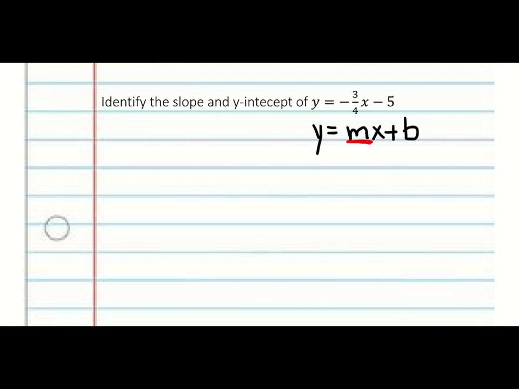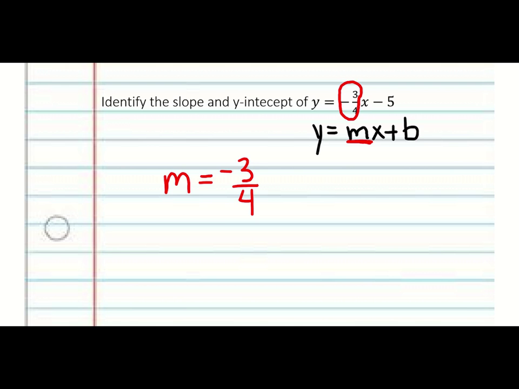And that's what's immediately in front of x. It's the coefficient of x. So in this case, we're going to say m, which means our slope, is equal to, and right in front of x, the coefficient is -3/4. So our slope is -3/4 for this equation.